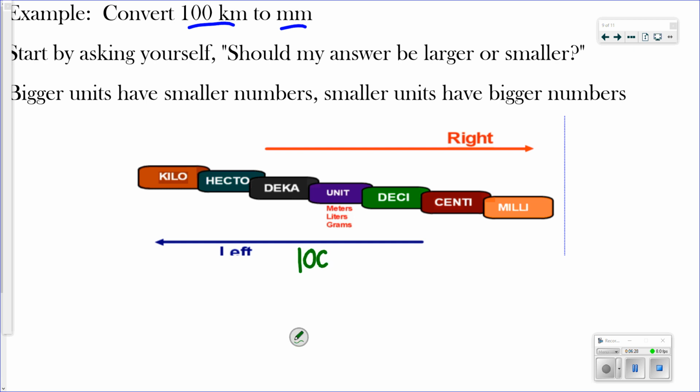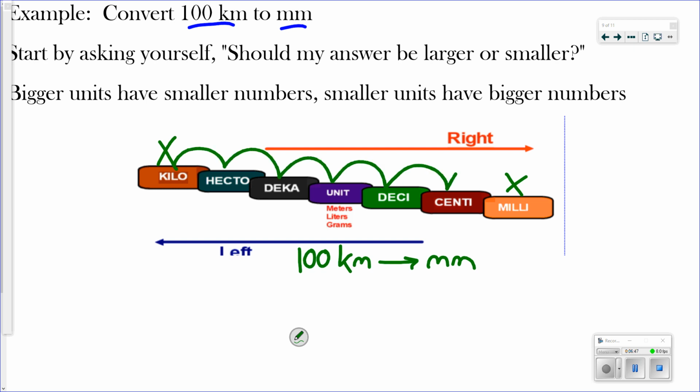I've got 100 kilometers and I want to go to millimeters. So here I am at kilometers and I want to get down to millimeters, and I count how many stairs I'm going to travel. 1, 2, 3, 4, 5, 6.